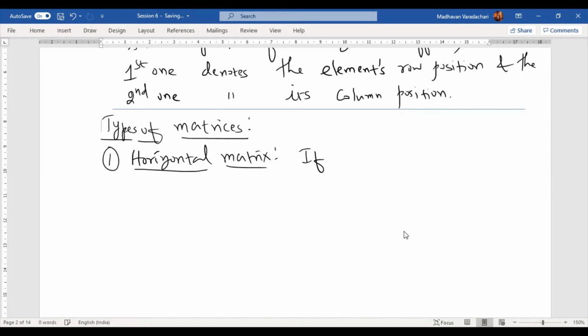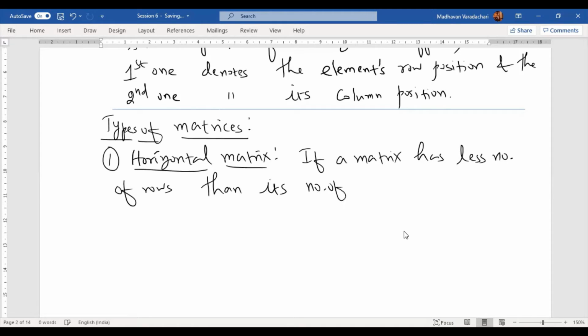If a matrix has less number of rows than its number of columns, I'll say that is m lesser than n.